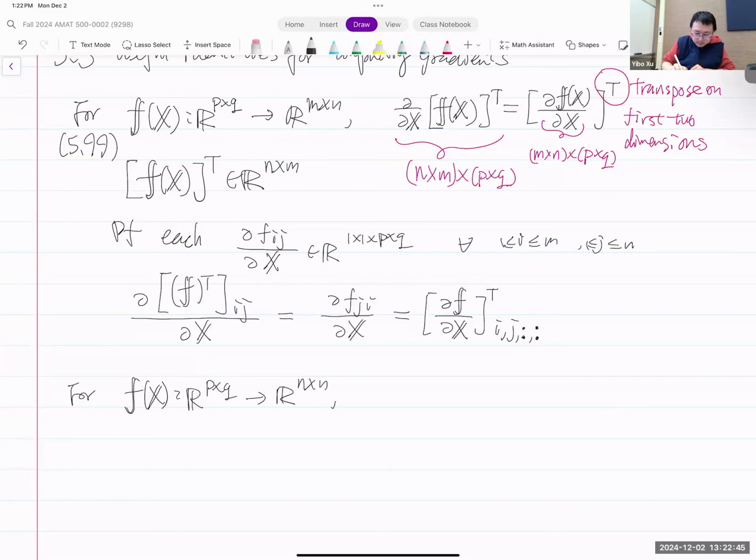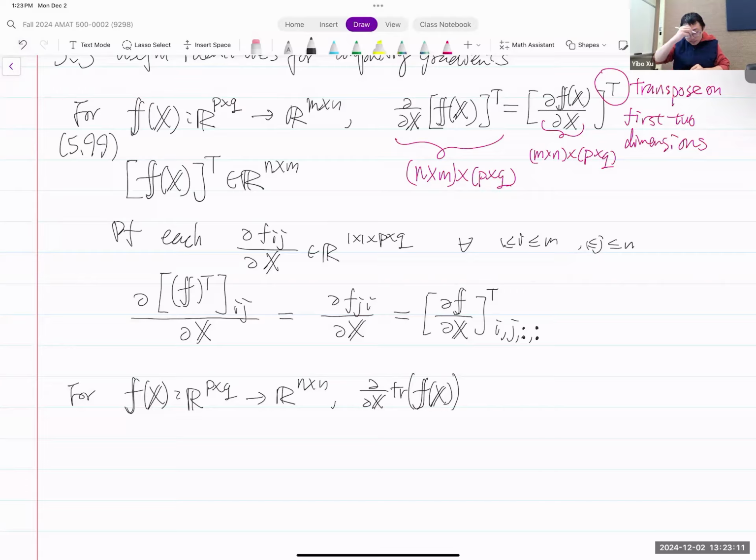Now I want to take the partial with respect to the matrix input x of the trace of f of x. If you look at the homework I just assigned today, there's a trace of a matrix whose gradient I need to compute, so that's related to this.